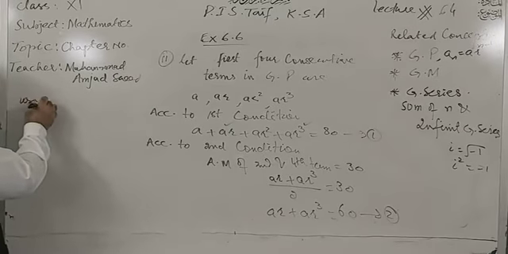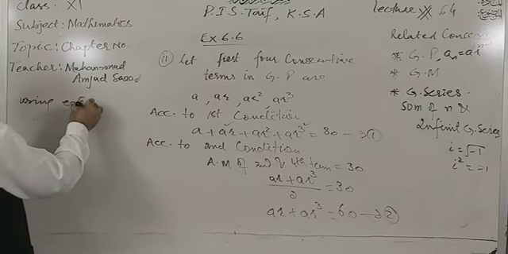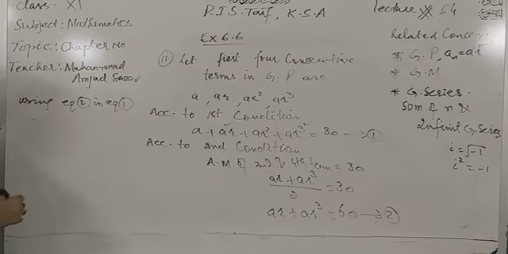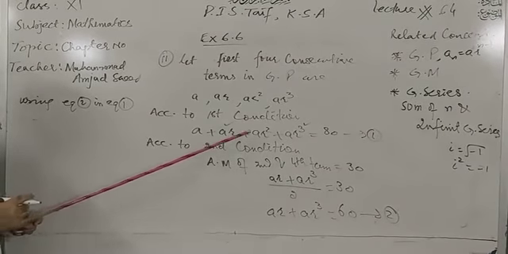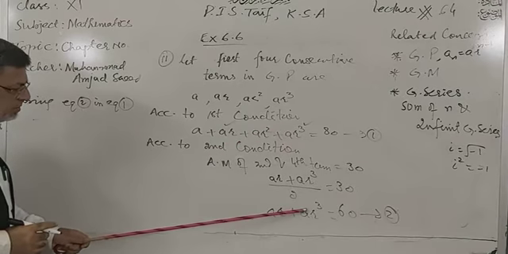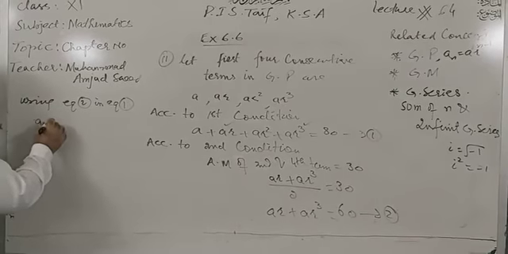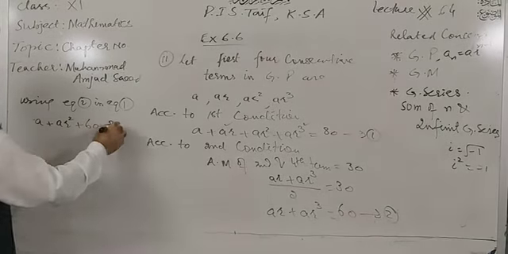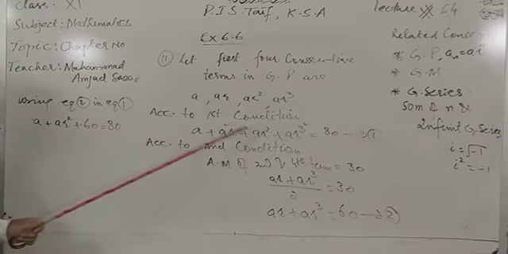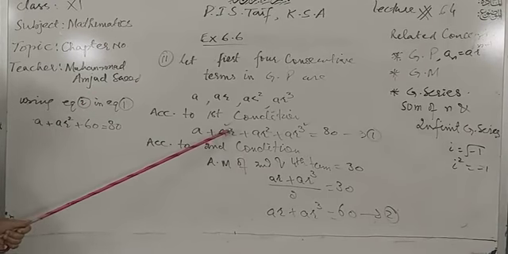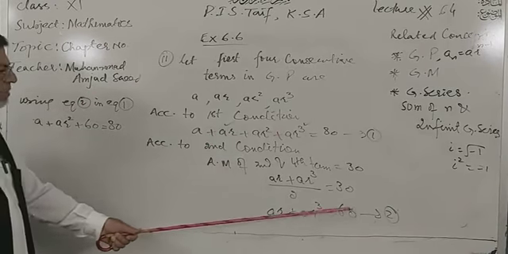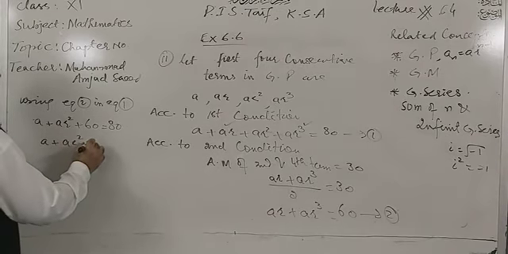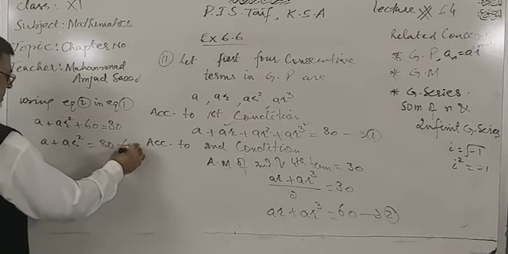So A plus AR square is left, and instead of AR plus AR cube, we have applied the value of 60. So A plus AR square is equal to 80 minus 60, that is 20.